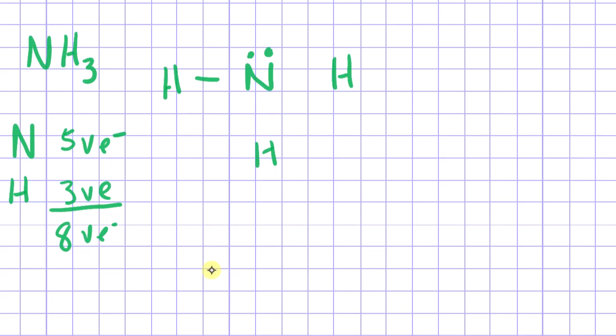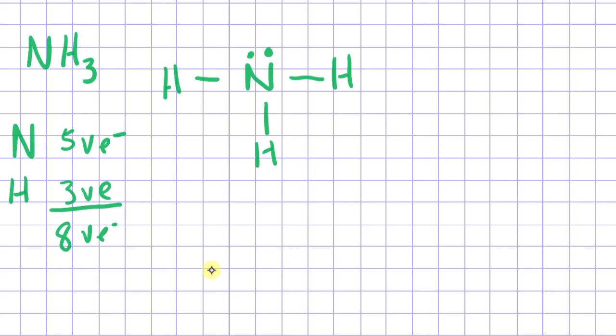Don't forget to erase those extra electrons. That's a common mistake, that you'll leave them there, and then you count them and get all confused as to why your electron count isn't correct. So now when I look at this, hydrogen is complete because it has 2, has that one s orbital. So we've got 2, 4, 6, 7, 8 around nitrogen. So nitrogen is also complete.